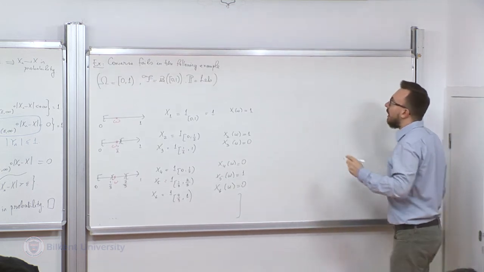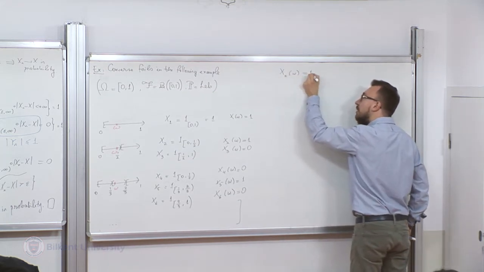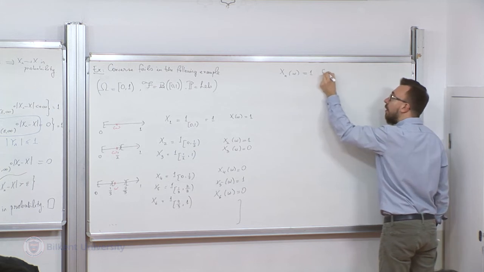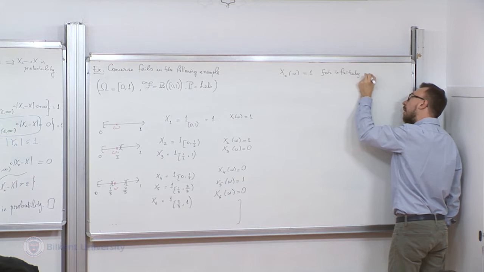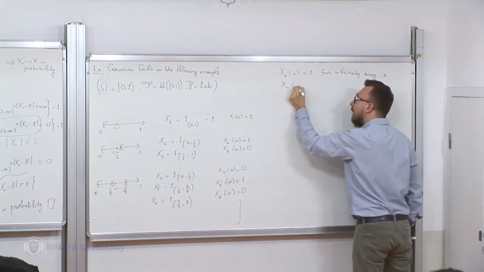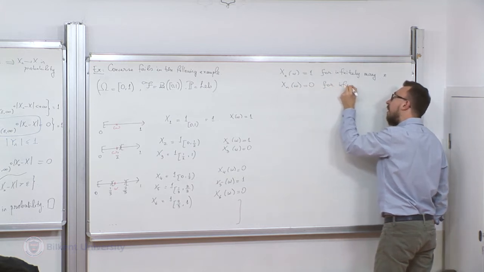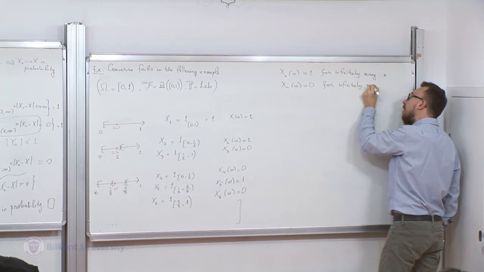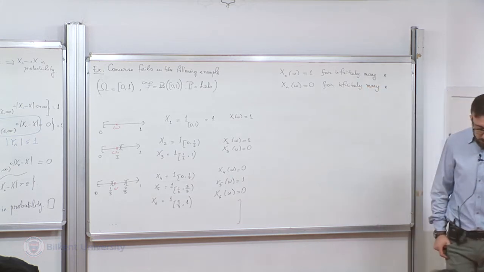So this means xn of omega equals 1 for infinitely many n, and also xn of omega equals 0 for infinitely many n. And these are the only 2 possible values.